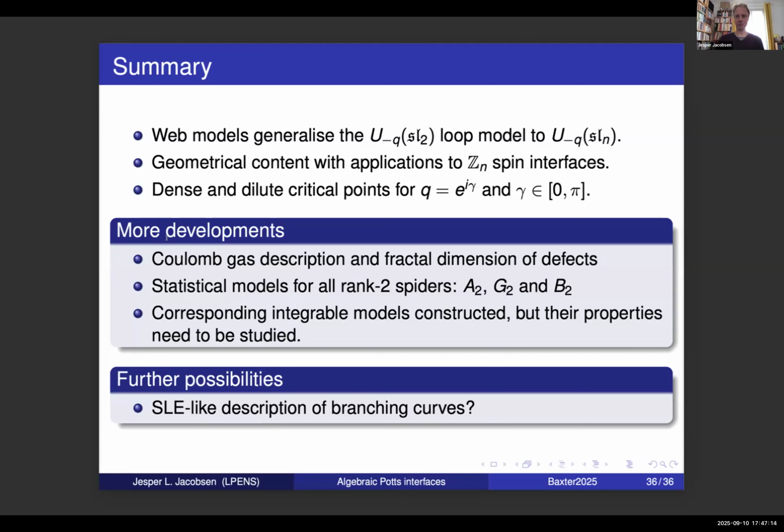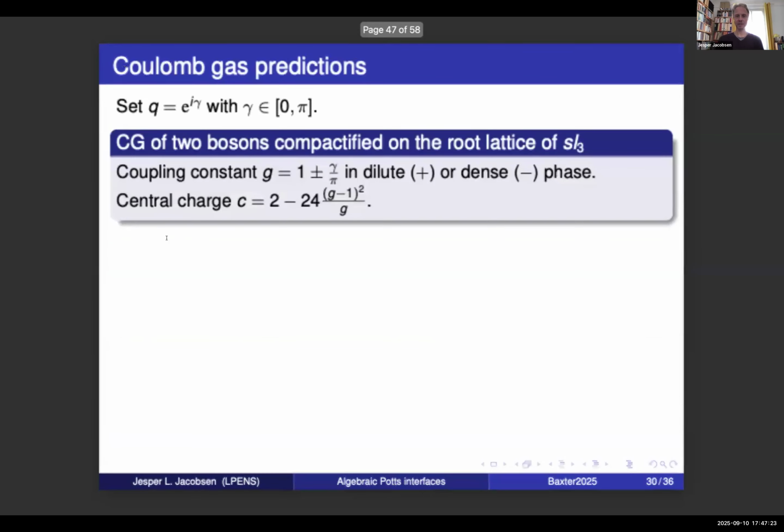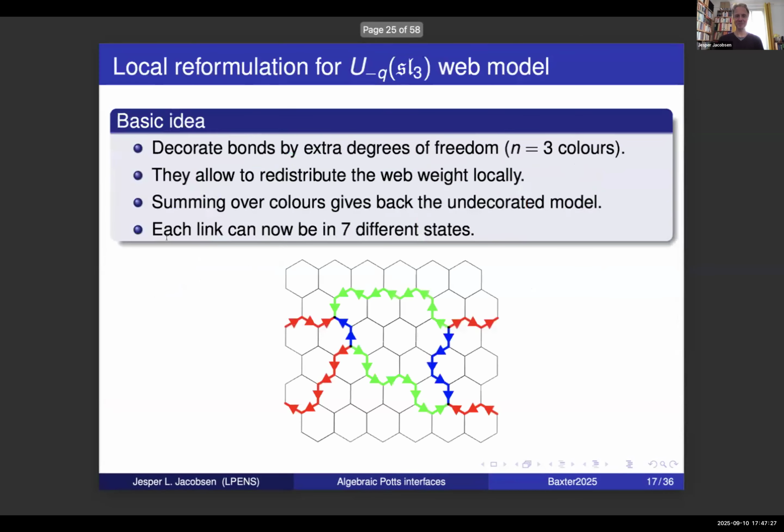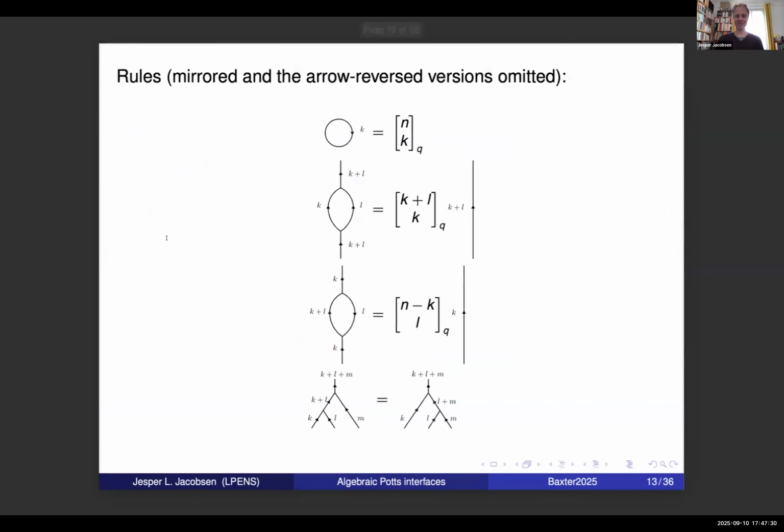So for the moment, we have been mainly interested in either continuing with SLN. So with SLN, what you need to do was very briefly flashed here.